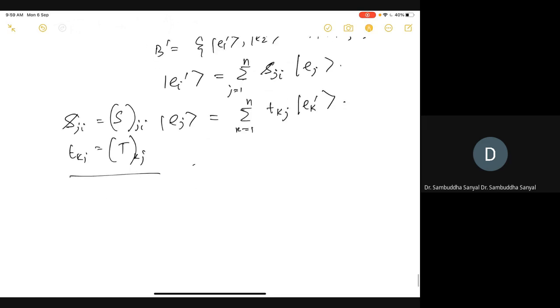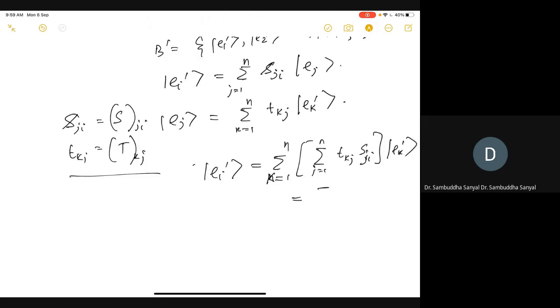So you can rewrite: to go from one basis to the other, E_i prime, if I rewrite it in terms of E_k prime, with k equal to 1 to n, T_kj S_ji E_k prime. So that is nothing but the dot product, or the inner product. And for both sides to be the same, TS_ki must be delta_ki.